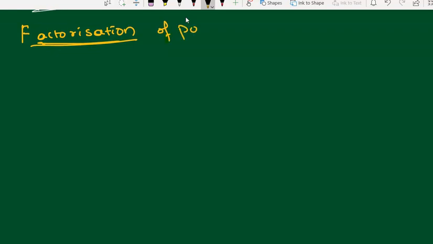Okay, simple. Now we have to study one more important topic, factorization of polynomials. This is very important for your future, guys. Factorization of polynomials is useful everywhere.